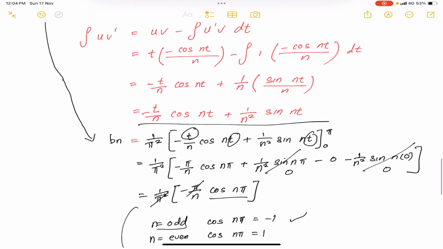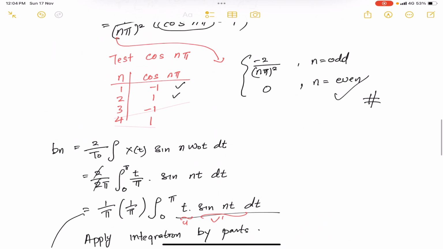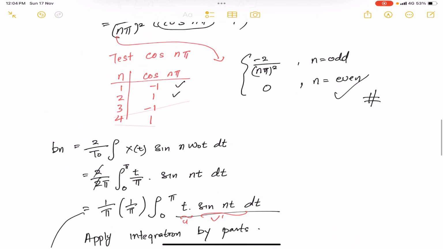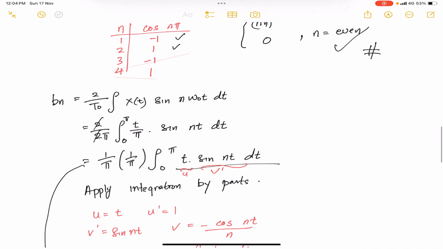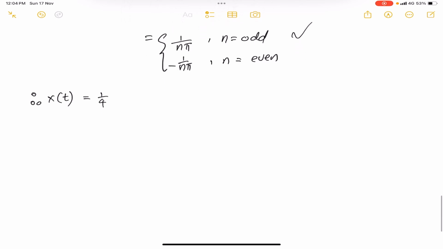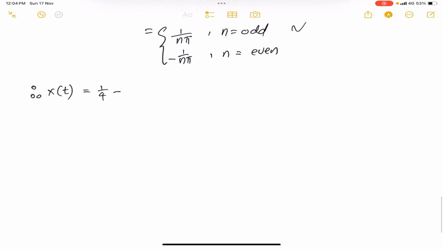An just now is -2 over n pi square when n equal to odd only. Even is 0. So you can write in this way, minus the sum for n equal to odd only to infinity, the value is 2 over n pi square cos nt.